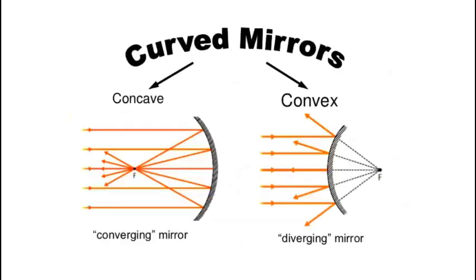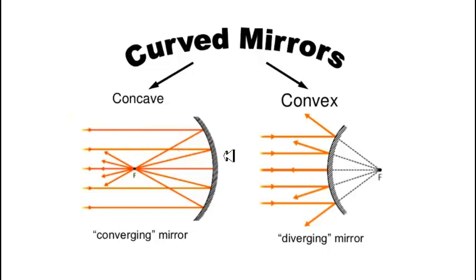But here's the thing. What about curved mirrors? Curved mirrors are not flat surfaces. In telescopes you have curved mirrors, and those mirrors are very refined such that the reflections that happen off the mirror can be perfectly predicted.